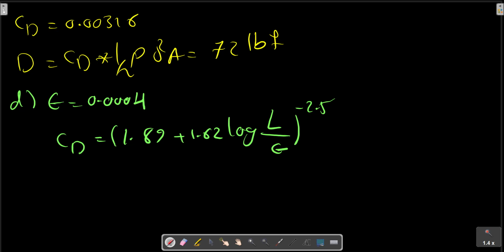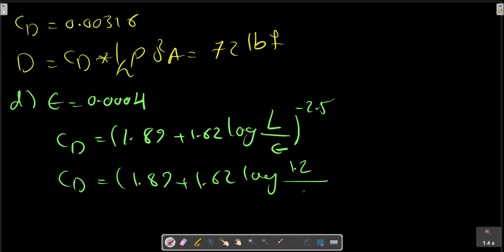So we can calculate the drag force coefficient, L, which is 9.2.